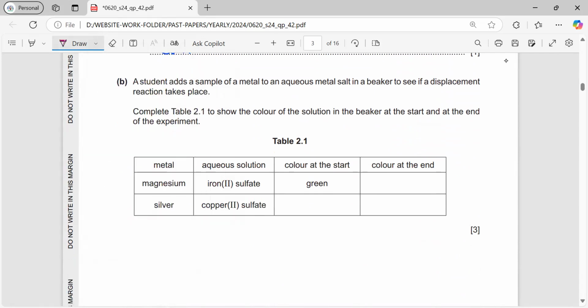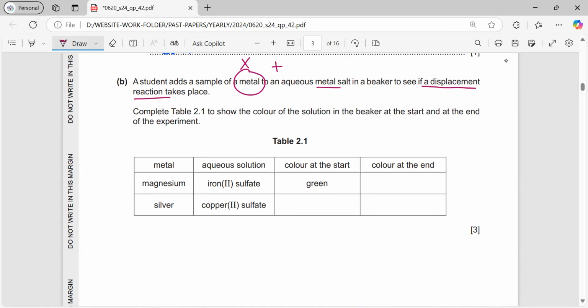A student adds a sample of a metal to an aqueous metal salt in a beaker to see if a displacement reaction takes place. For example, there is a metal X, and a student is adding metal X to an aqueous solution of metal salts.